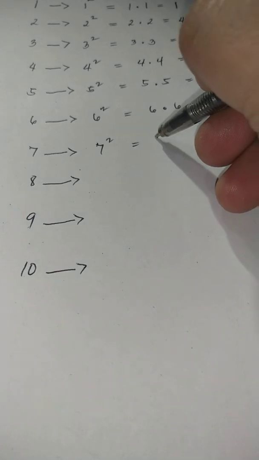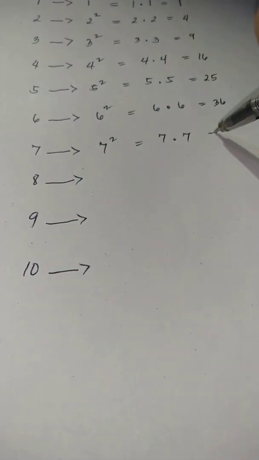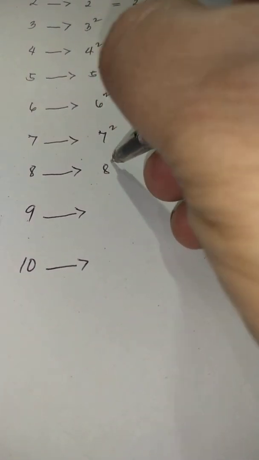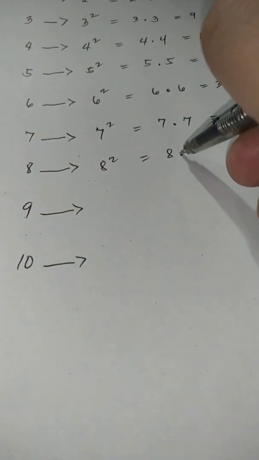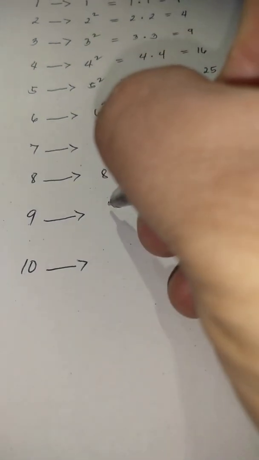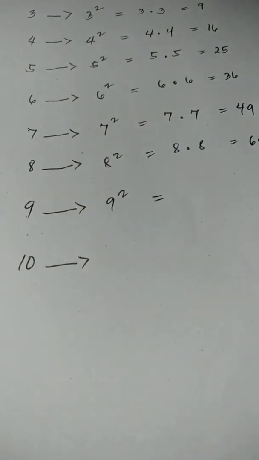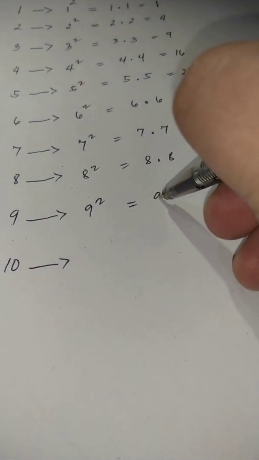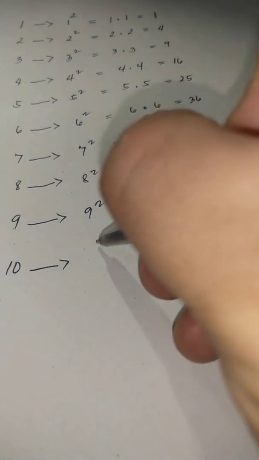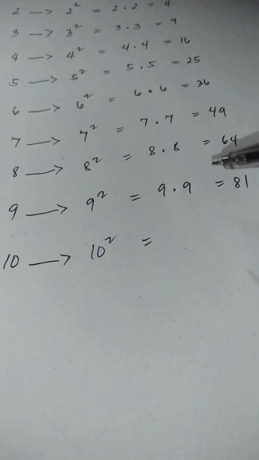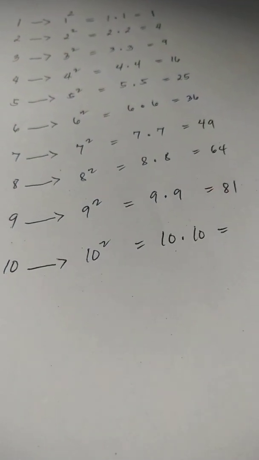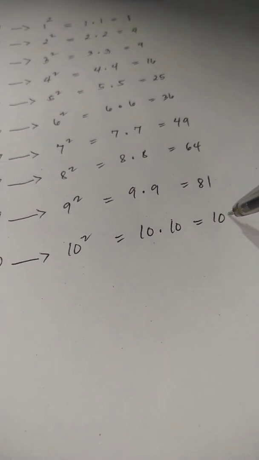That is 7 times 7 equals 49. 8 square is equal to 8 times 8 equals 64. 9 square. That is 9 times 9 equals 81. Then if we have 10 square, that is 10 times 10 equals 100.